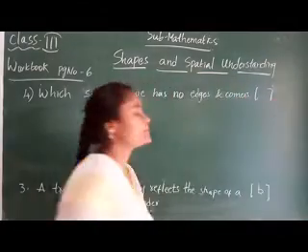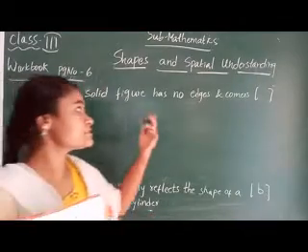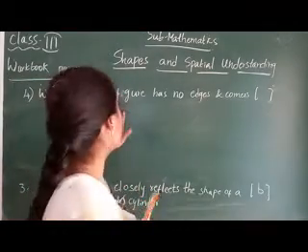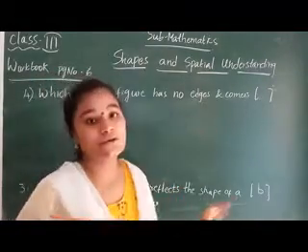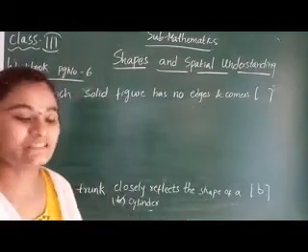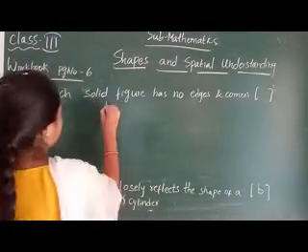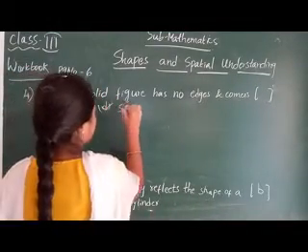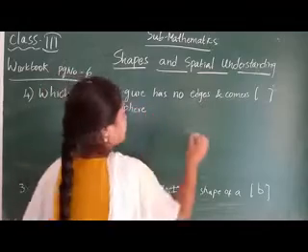So solid figure means 3D shape. In 3D shapes, which figure has no edges and no corners? That one is sphere. So D. Tick D, sphere.